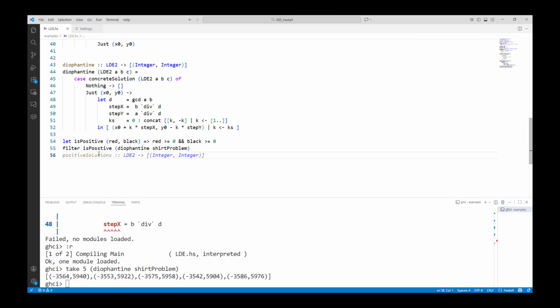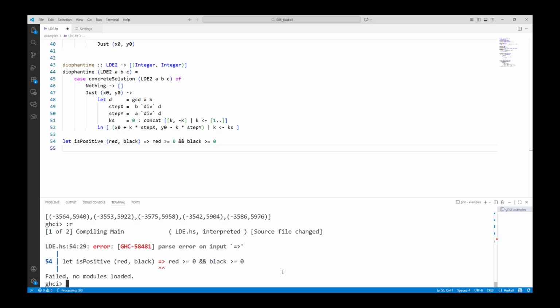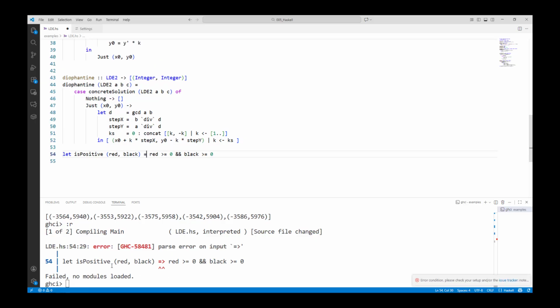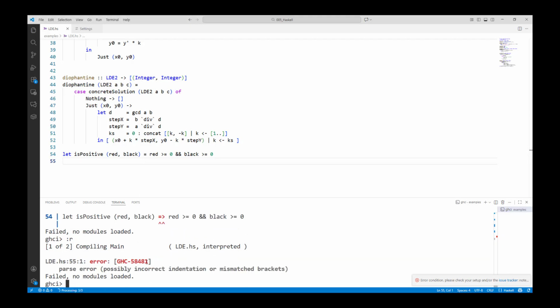Diophantine short problem. I'll just copy this, reload that. And okay, this one is like that. Save and then do it like this. Then what happened again? Parse error.